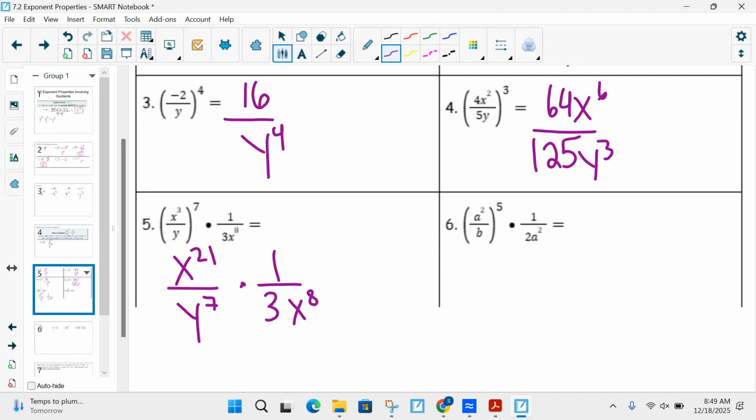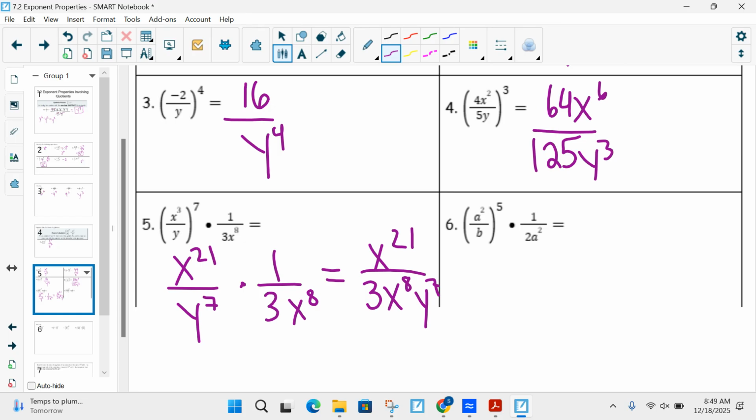Okay, now I'm going to multiply the fractions across. So x to the 21st over, and then when you write numbers and variables, write the coefficient first, and then write the variables in alphabetical order. So I meant to say 21st. So x to the 8th, and then y to the 7th.